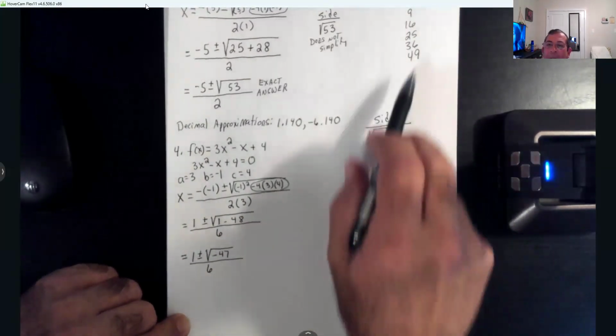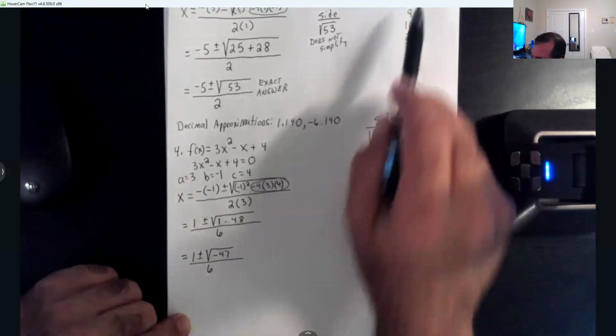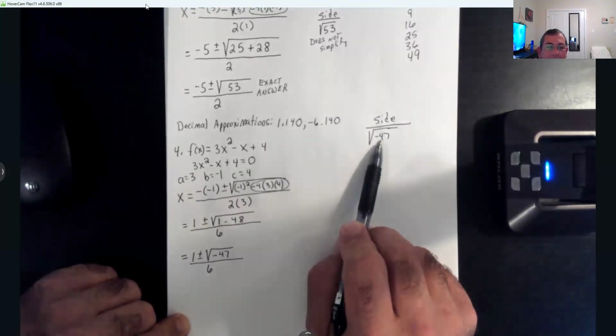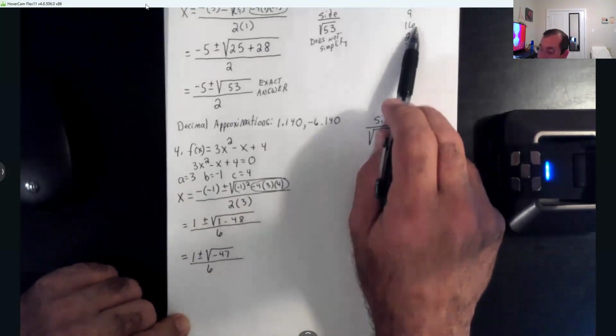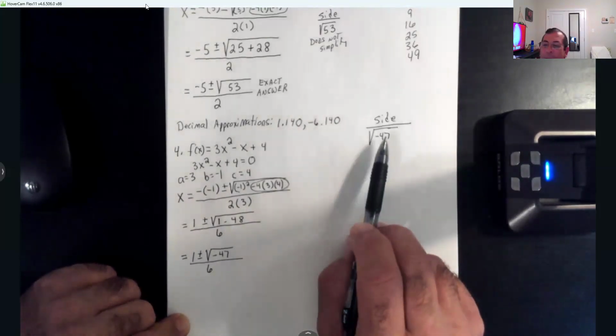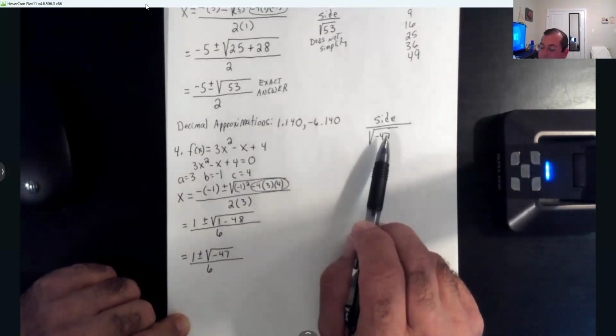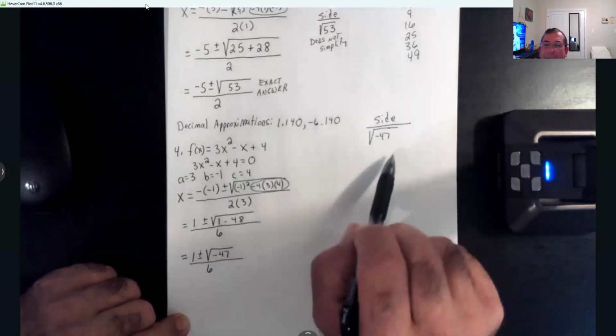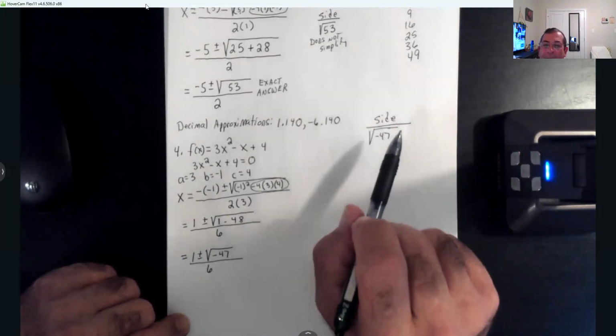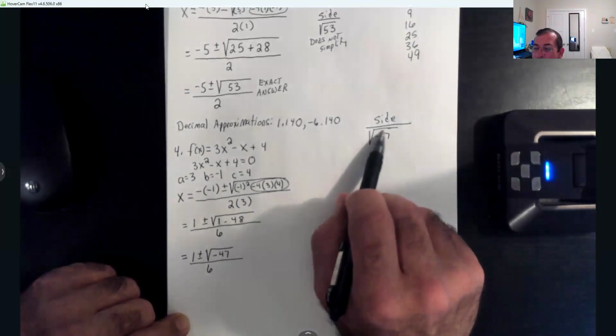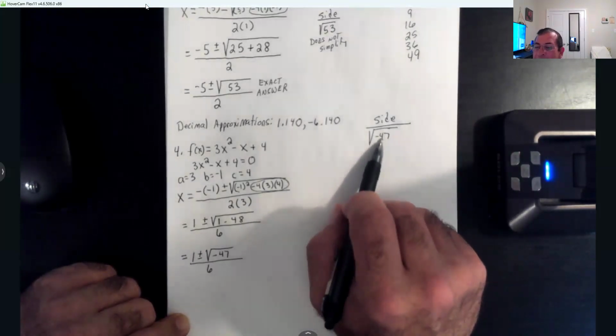So we had a 4 up here. 4 is not a factor of 47. 47 won't divide by 9. It won't divide by the 16. It ain't dividing by 25. So the number does not simplify.